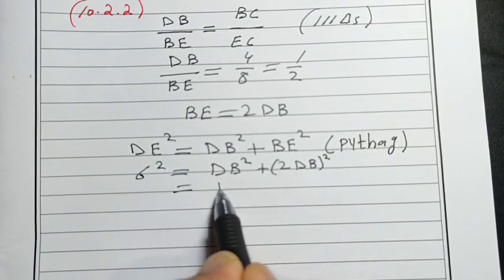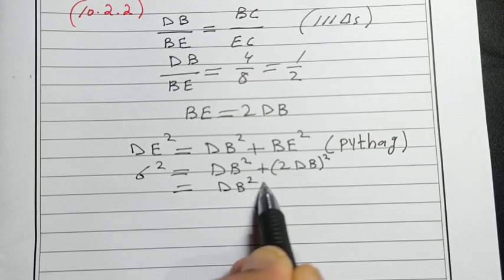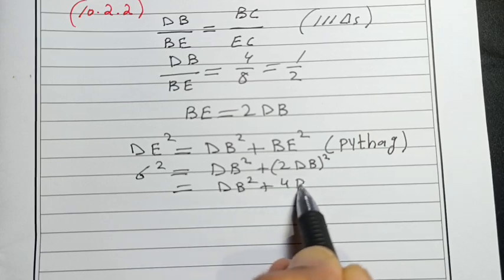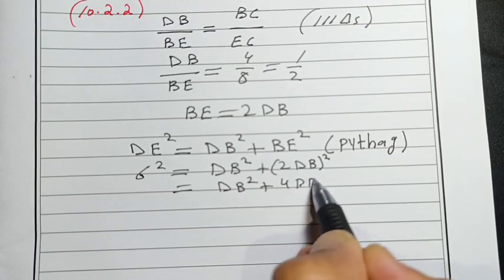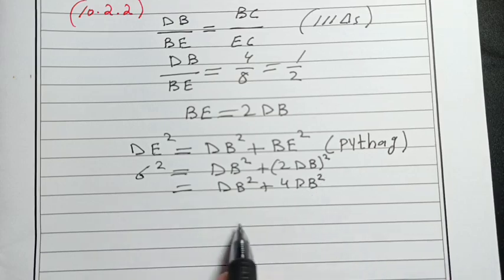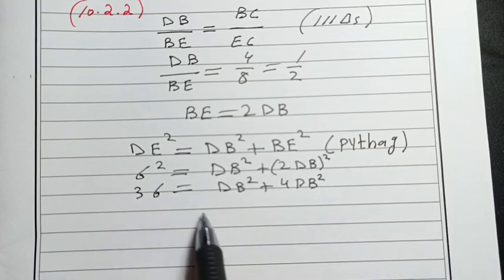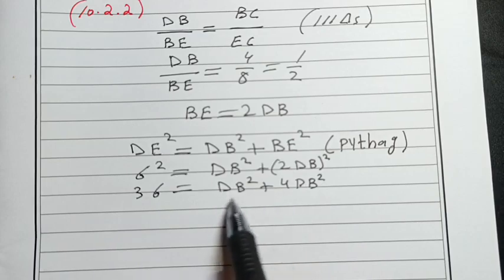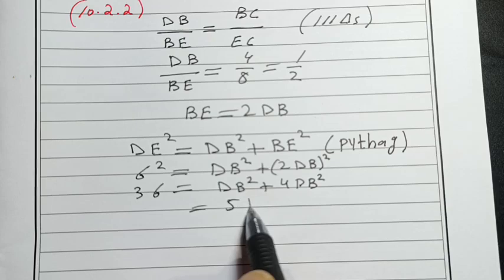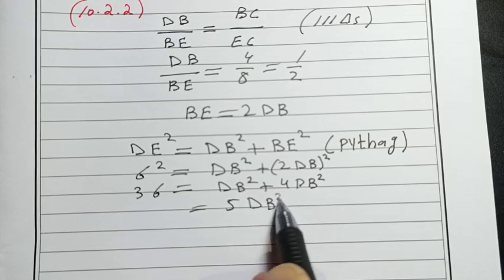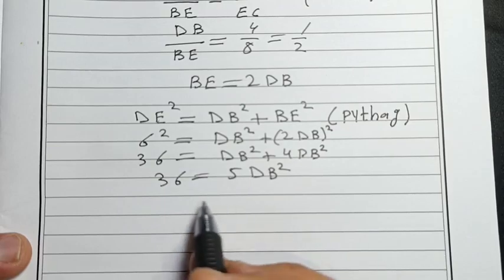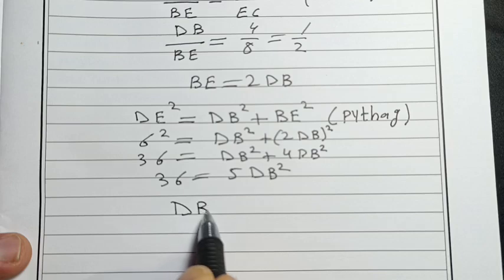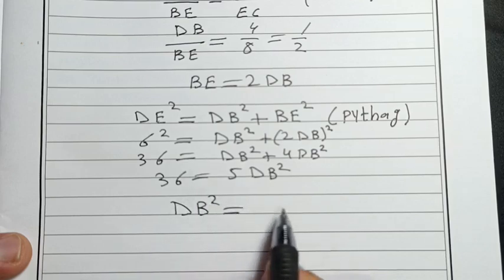So this is going to be DB squared plus 4 DB squared equals 36. Adding like terms, 5 DB squared is equal to 36. Isolate DB squared, which is equal to 36 over 5.